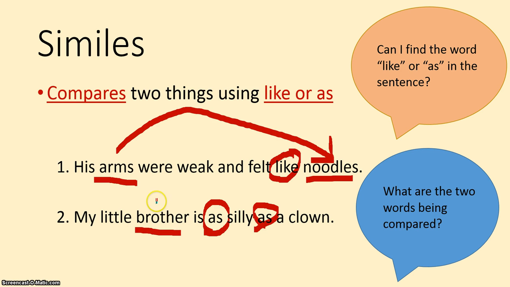Brother is as silly as a clown. My little brother is as silly as a clown has a simile because we are comparing two words using as.